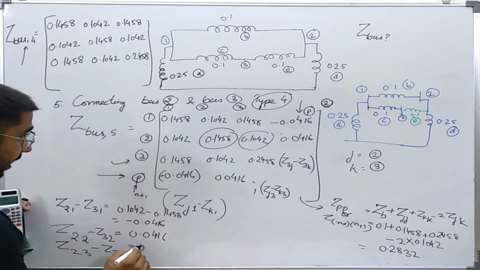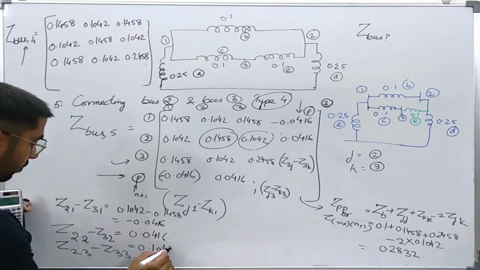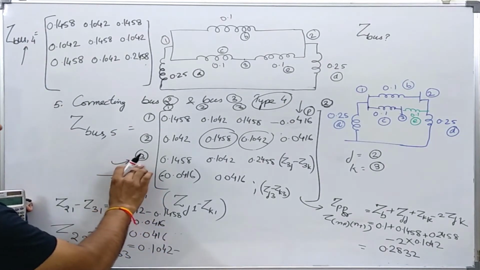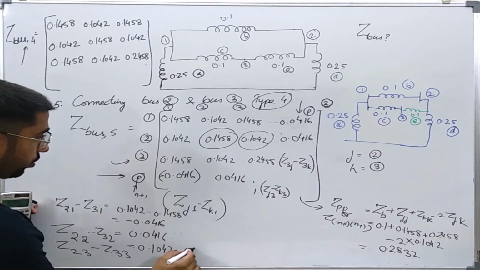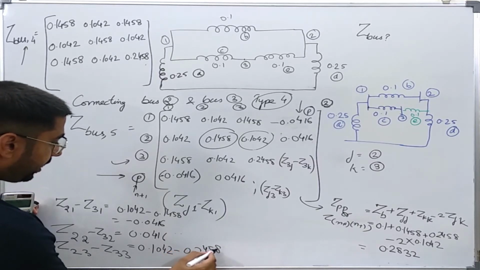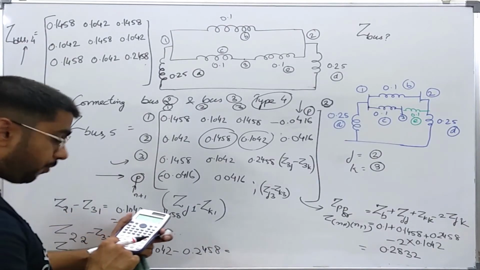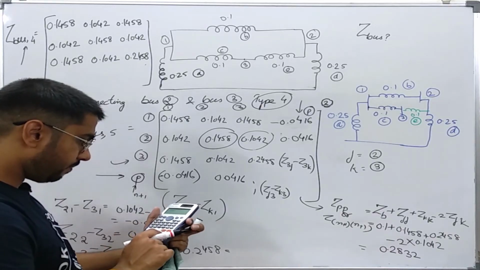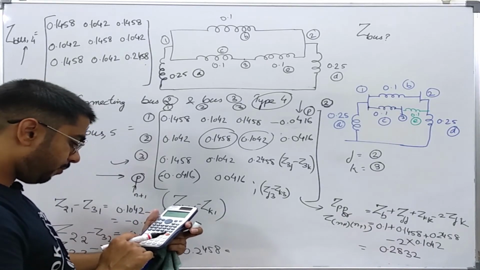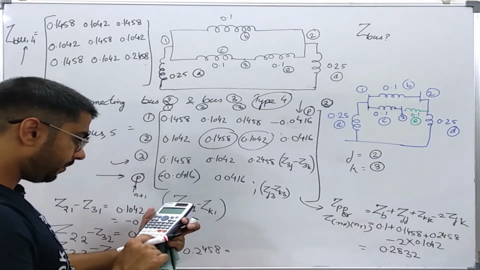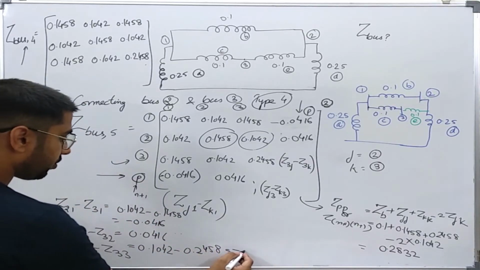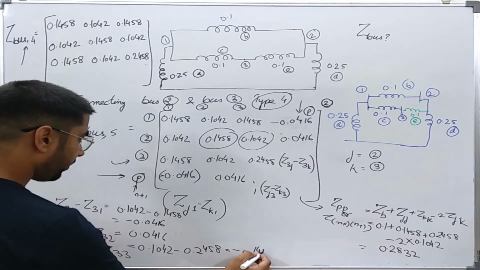Okay, now ZJ3 minus ZK3, Z23 minus Z33, is equal to, what is Z23? It is 0.1042 minus what is Z33? It is 0.2458. It comes out to be 0.1042 minus 0.2458, that is minus 0.1416.